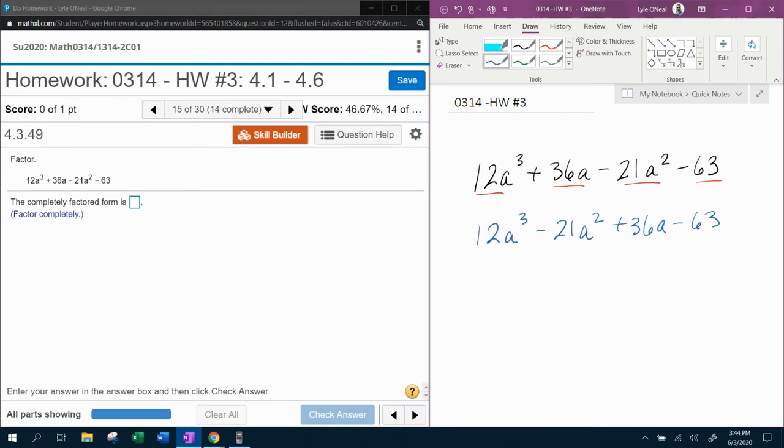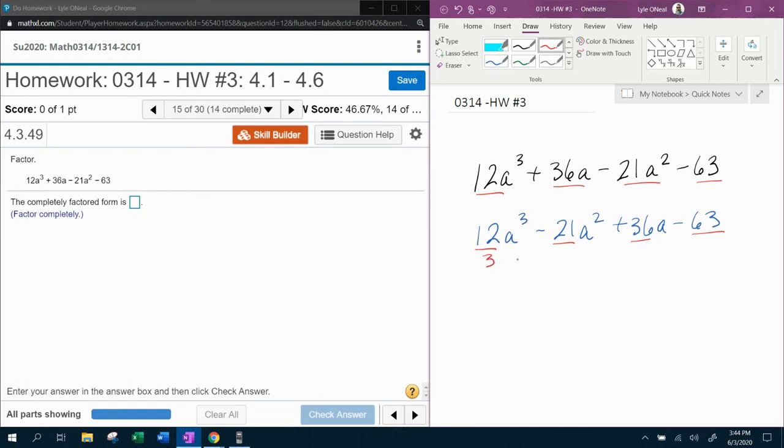So now that it's in descending order, I'm going to first look for a common factor. So is there anything that will divide evenly into 12, 21, 36, and 63? And I'm thinking maybe 3. 3 does.